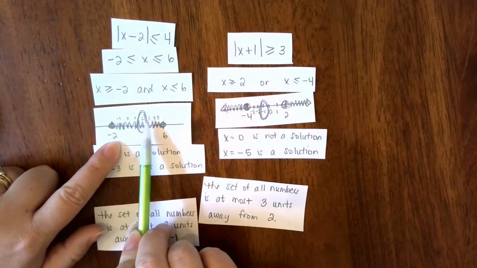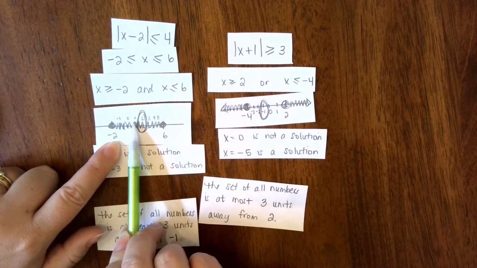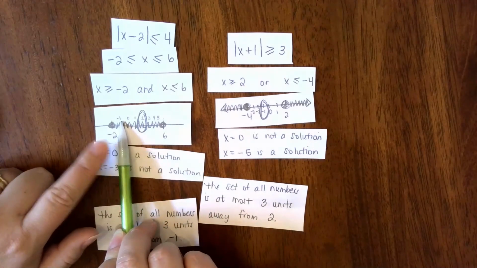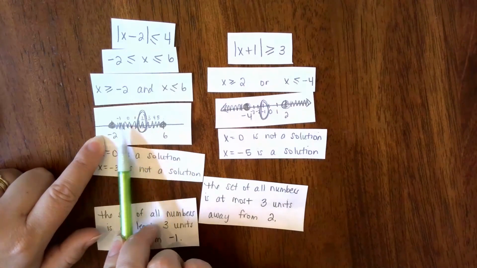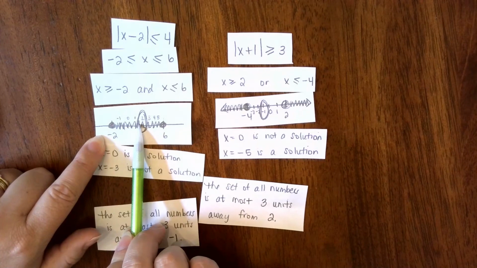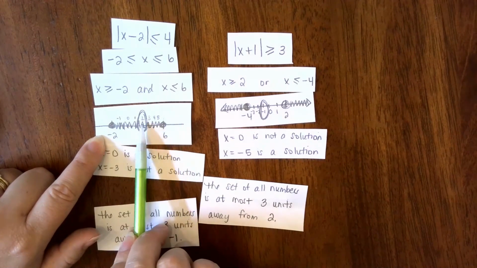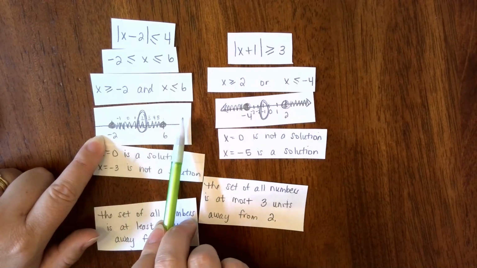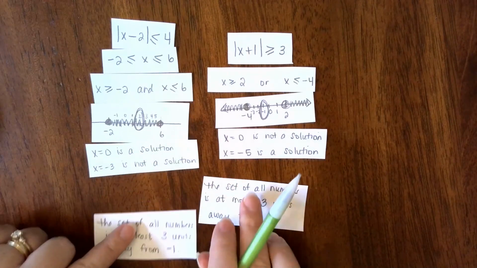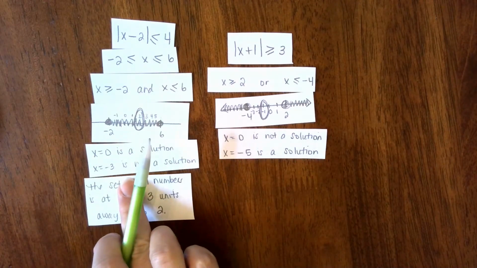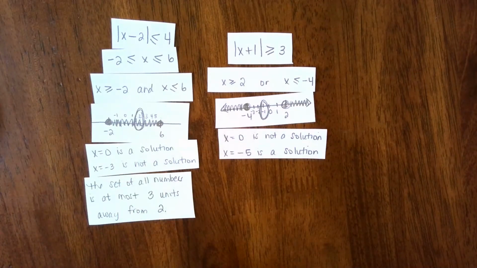Now, 1, 2, 3 away from 2, and your solutions can only go 3 away from 2. So at most, it can go 3 away from 2, because if it goes any further, then it's not a solution anymore. So this one says a set of all numbers is at most 3 units away from 2.